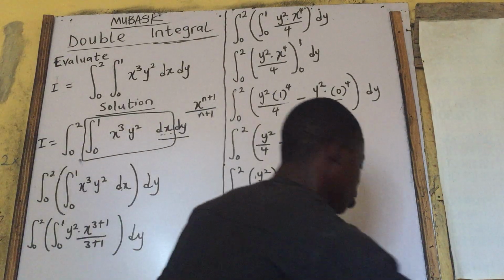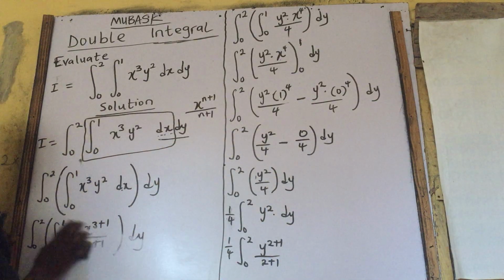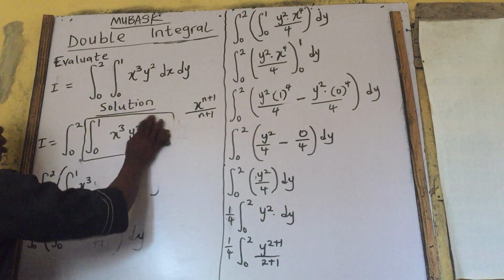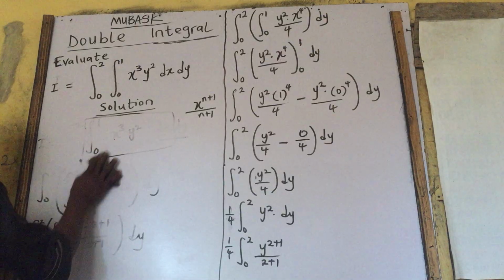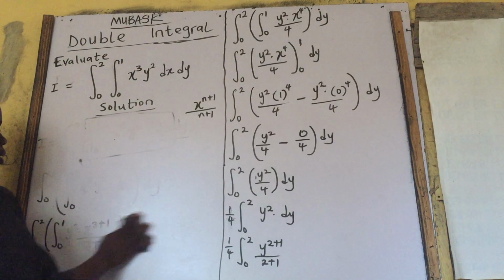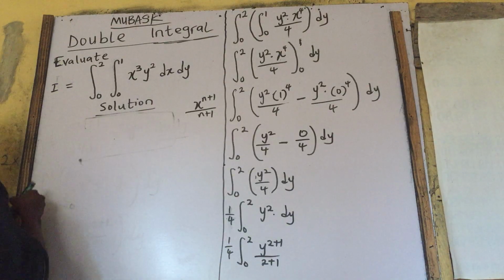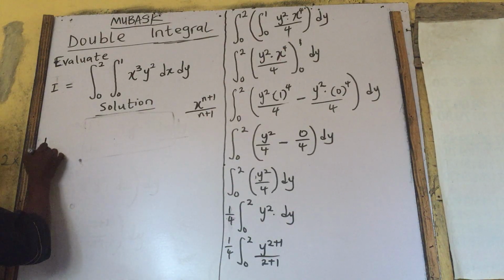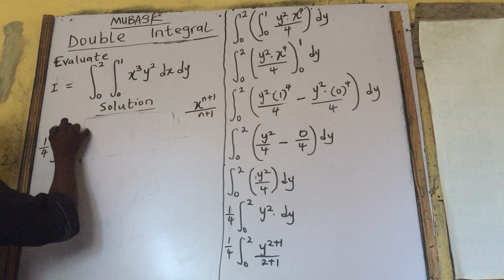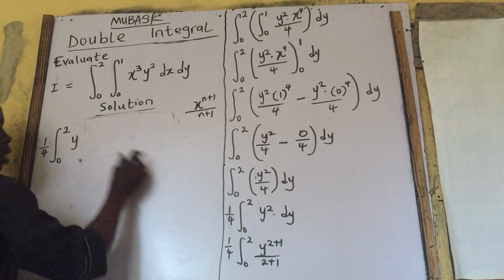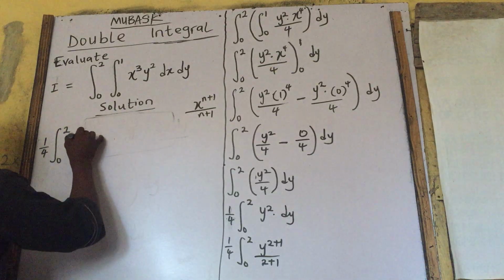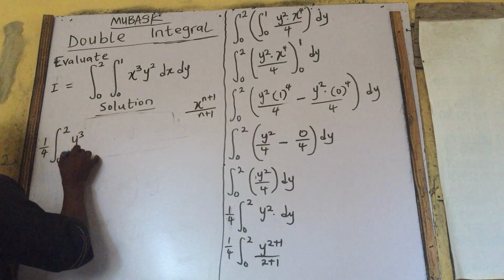One over 4 integral from 0 to 2, y raised to power 2 plus 1 is 3, divided by 2 plus 1 is 3.